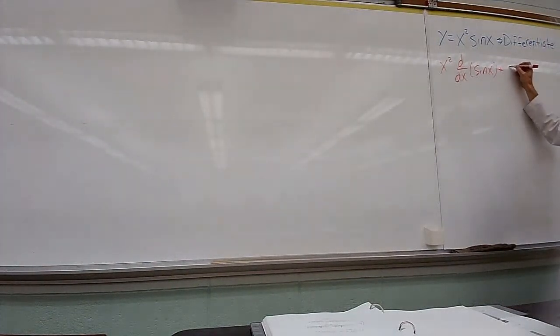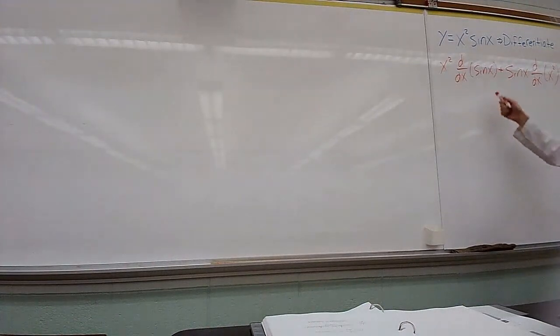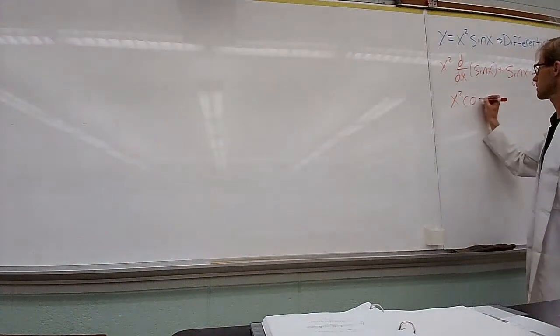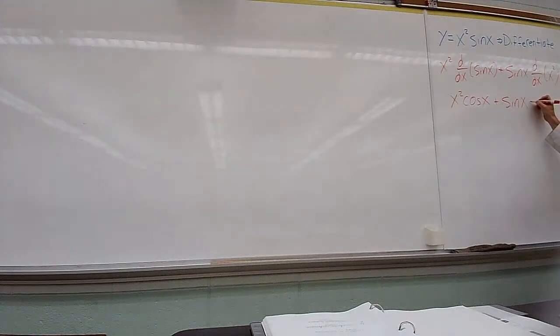You pull out the sine of x, and then you multiply that by the derivative of x squared. So, derivative of sine is cosine. And of course, derivative of x squared is going to be equal to 2x. And that's your answer.